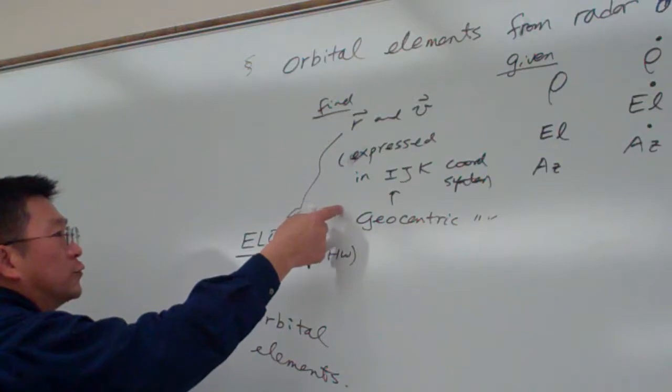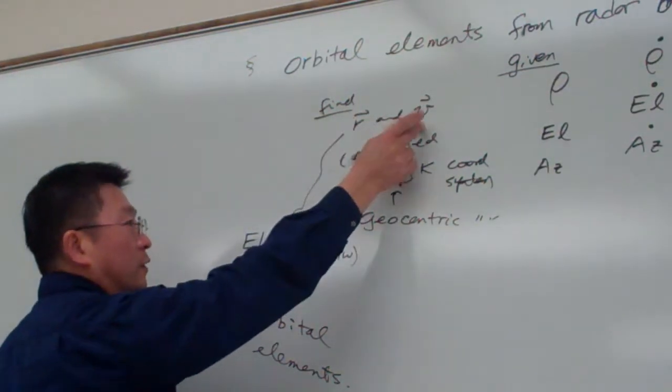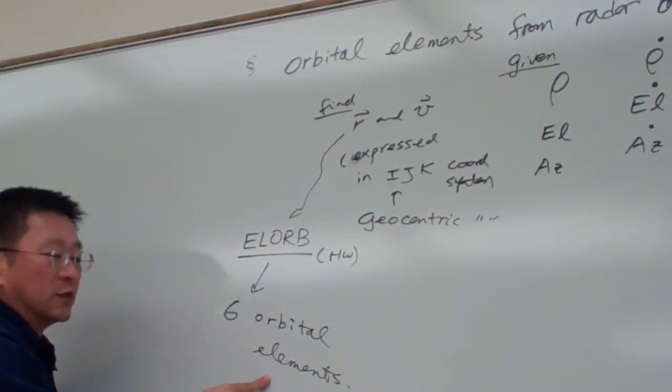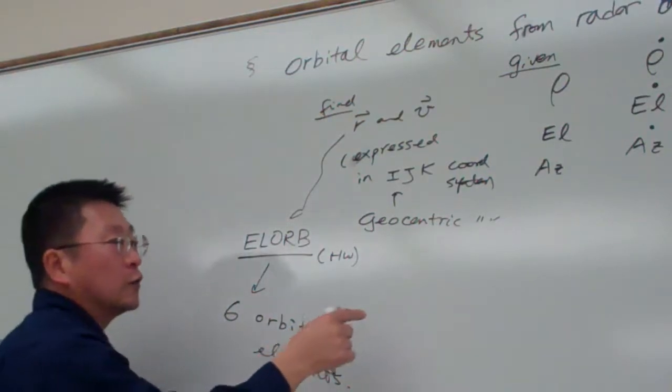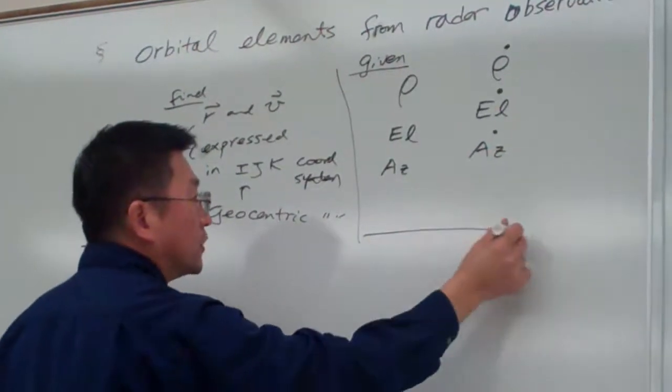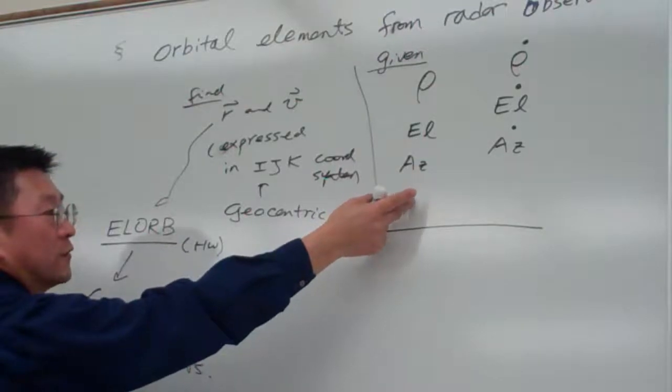So right now we have already done: given R and V, we know how to determine the orbital elements, and now we go further down to the application. We are given the observation here.